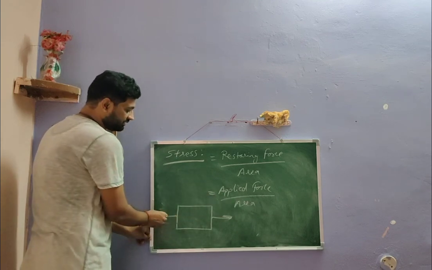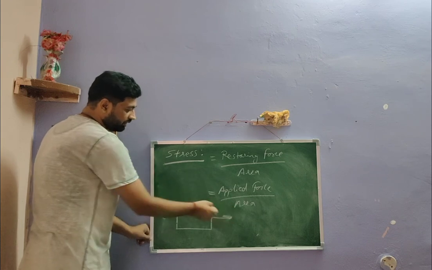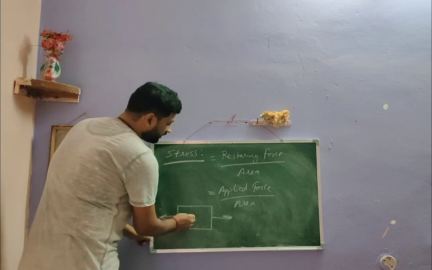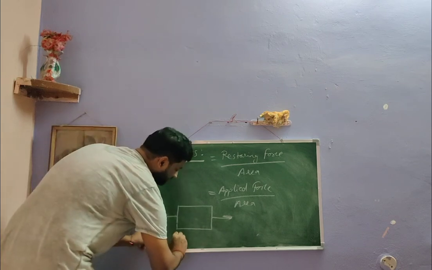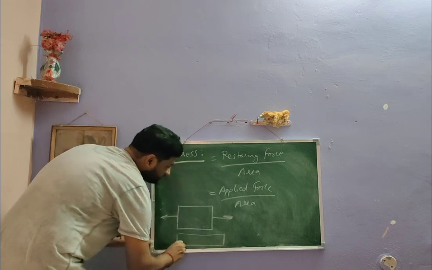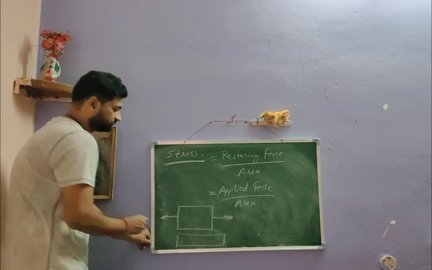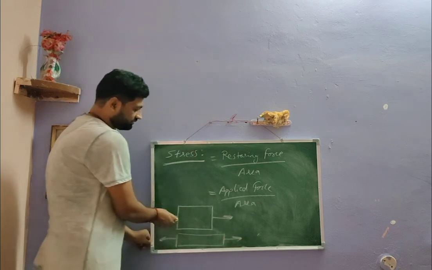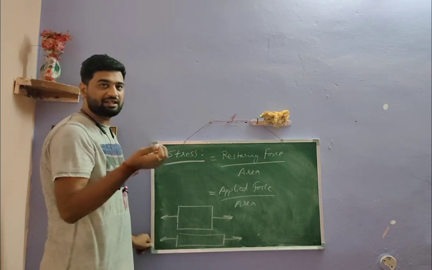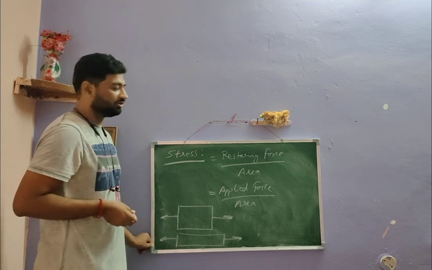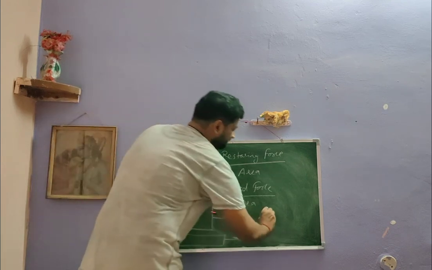As a result of this pull, or you can say tensile force, the body will deform and change into, suppose, this shape. So in case of tensile force, the stress developed is known as tensile stress.